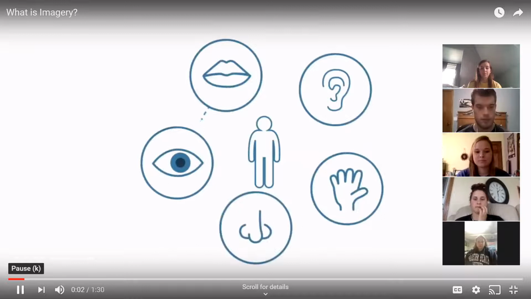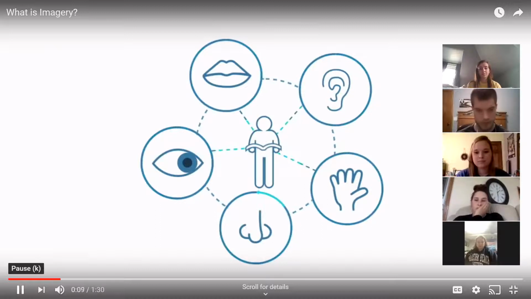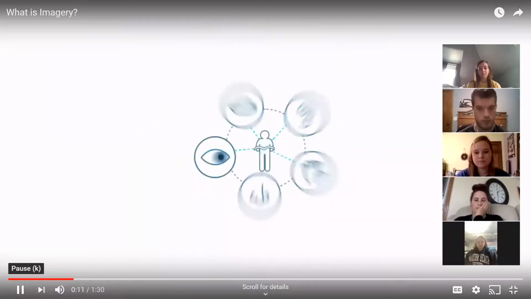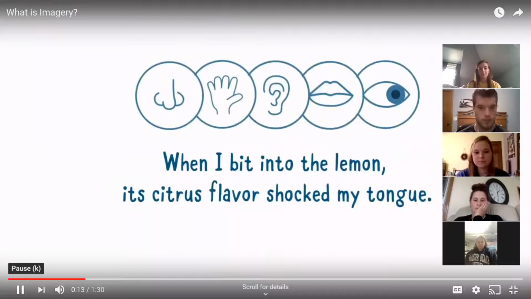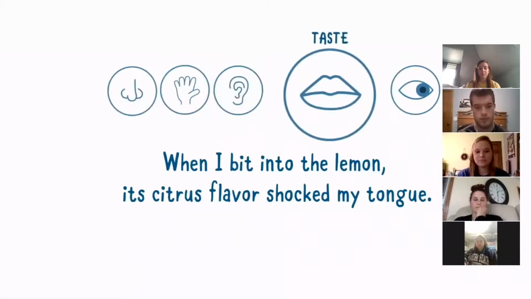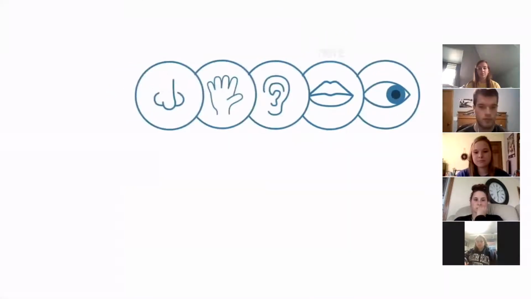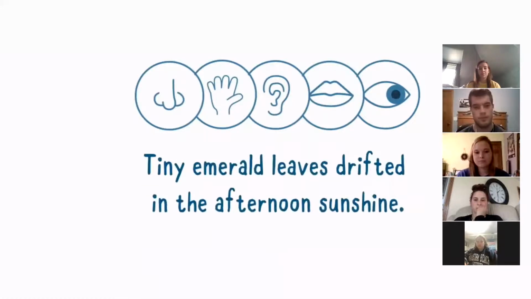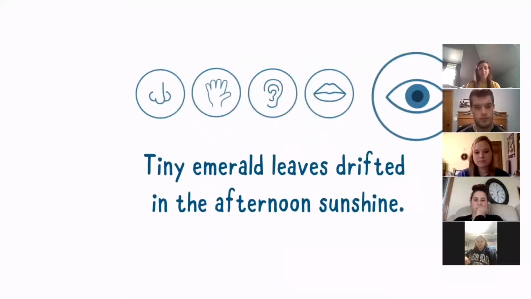We have 5 senses. Writers often appeal to these senses to bring their stories to the reader's imagination. For example, what sense is the author appealing to in this sentence? The author is appealing to the sense of taste. What other senses might a writer appeal to? Can you envision this moment? This is because its writer is appealing to the sense of sight.